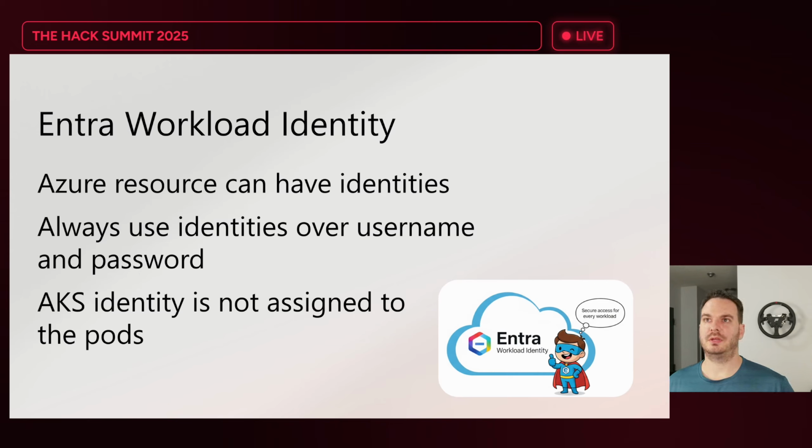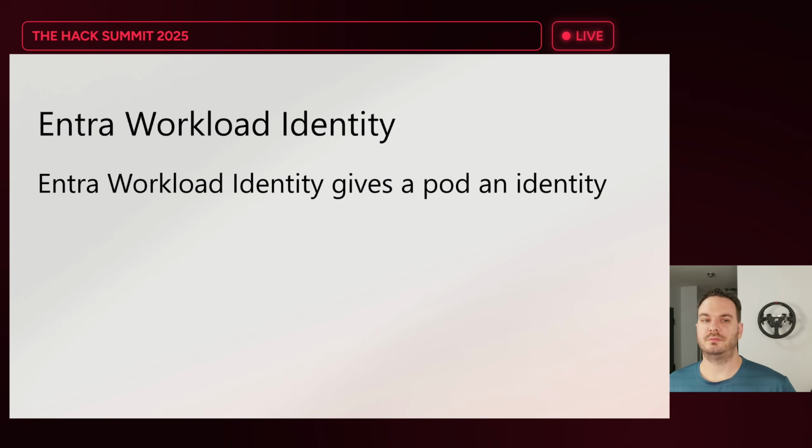For example, if we have two applications, one for the test and one for the production environment, I want to have different permissions. The test environment should have access to the test database, and the production environment to the production database. And with the normal concept of managed identities, this is not possible, but therefore we have Entra workload identity.